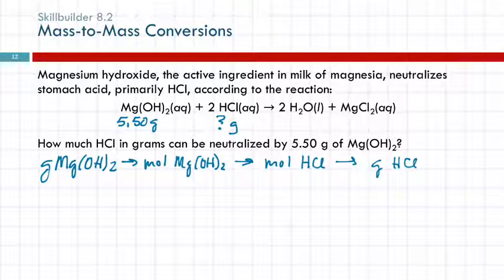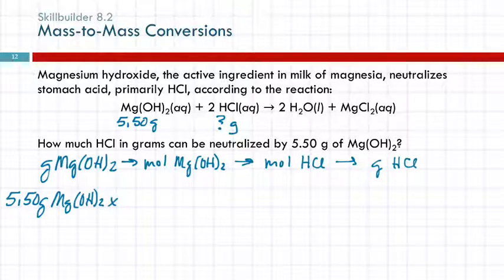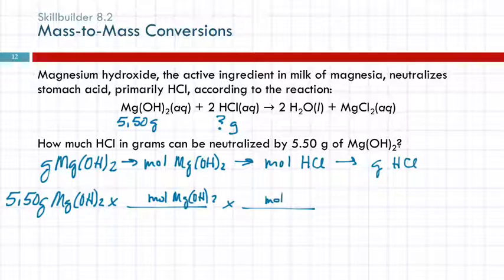Grams to moles to moles to grams. 5.50 grams of magnesium hydroxide times, the next unit is moles of magnesium hydroxide, times, the next unit is moles of HCl, times, the next unit is grams of HCl. Grams to moles to moles to grams.